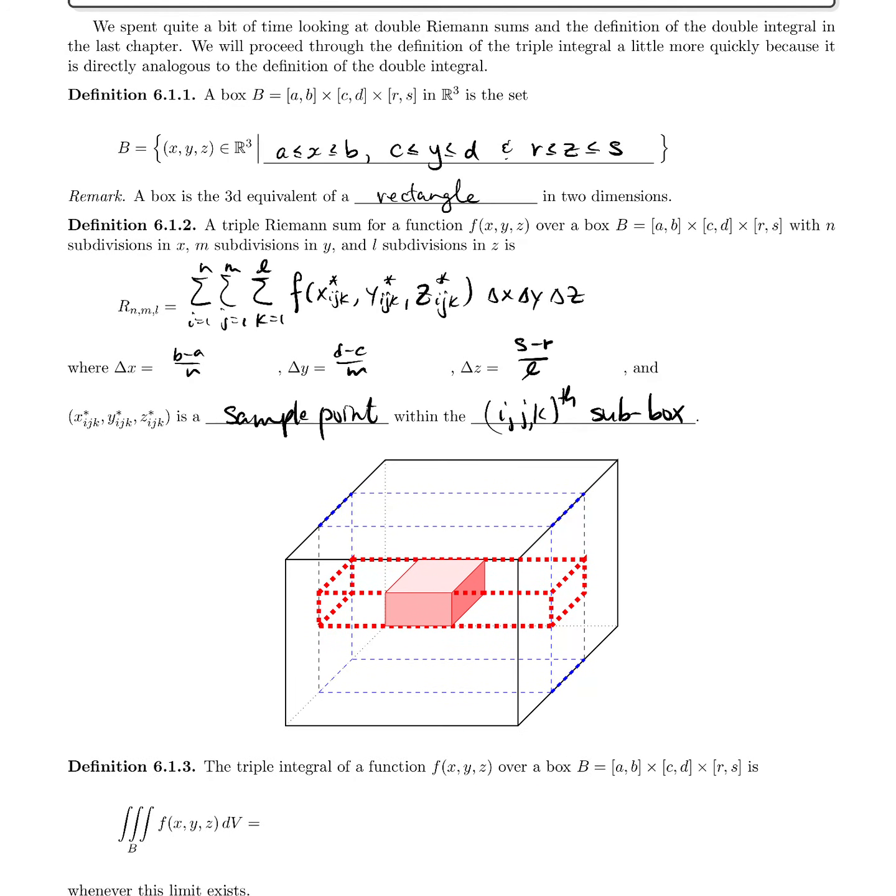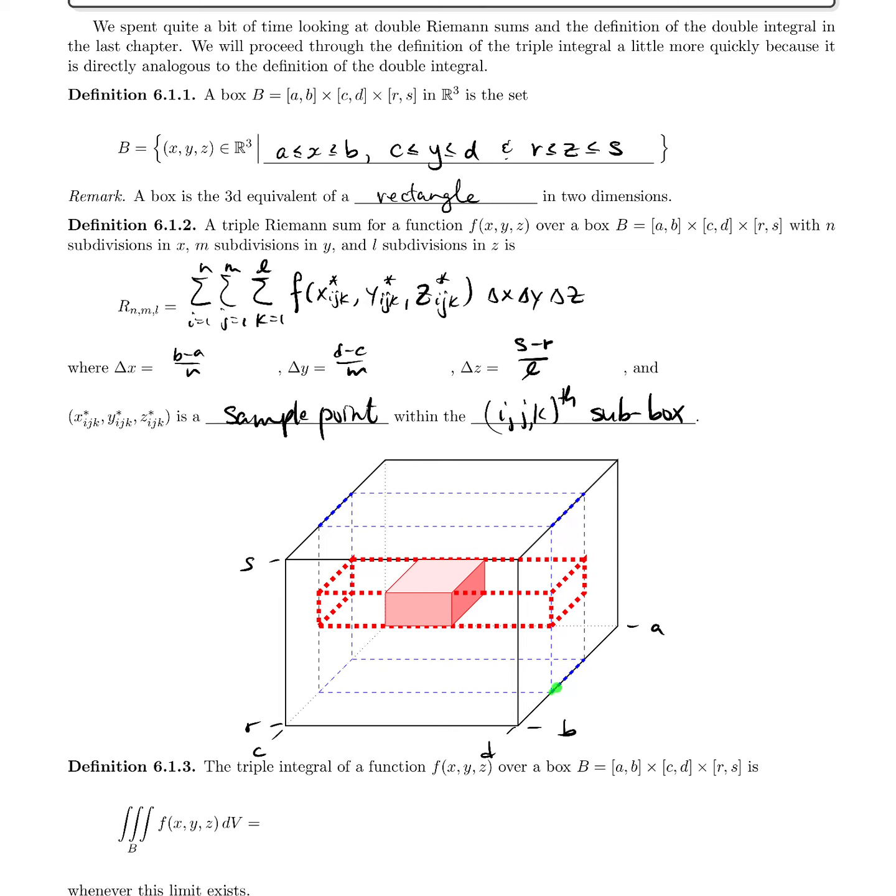So what is that? Well, let's take a look here. So this drawing, if we have a box, in the x direction this would be from a to b, in the y direction from c to d, and in the z direction from r to s. So there's our box. Now we want to chop this up into subdivisions in x, in y, and in z.